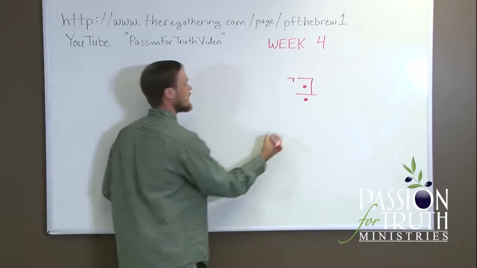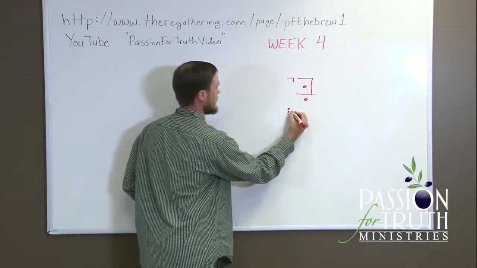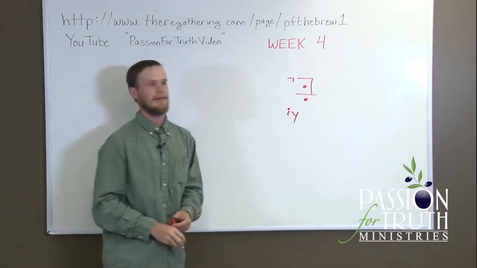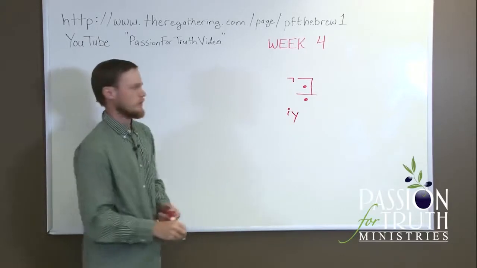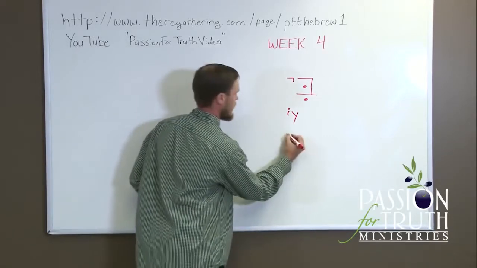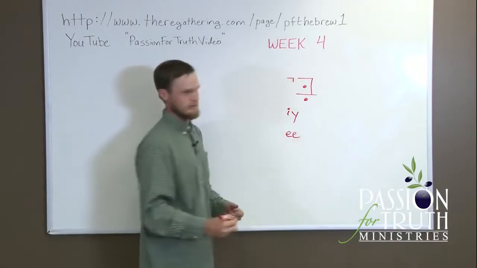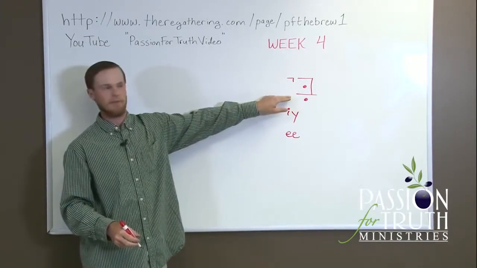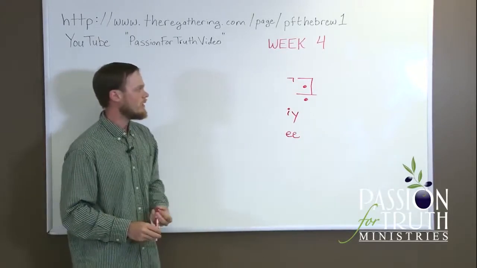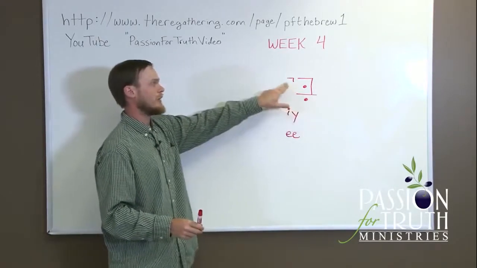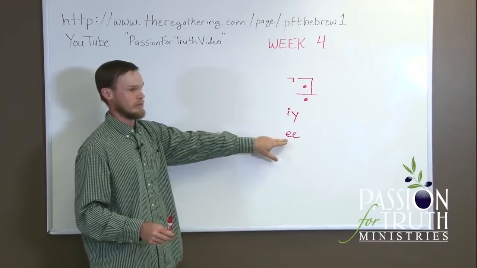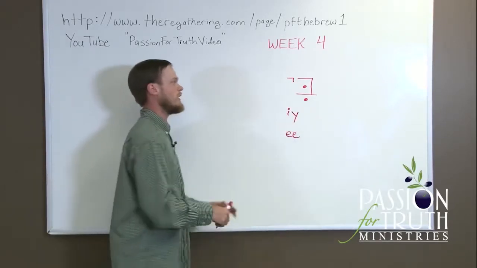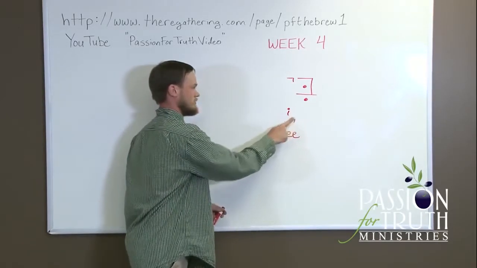The short I combines with the Y of the yod, and when you pronounce that quickly and run them together, it's pronounced long E. This is not a word, but Hiriq followed by yod makes long E, whereas a Hiriq all by itself is a short I.